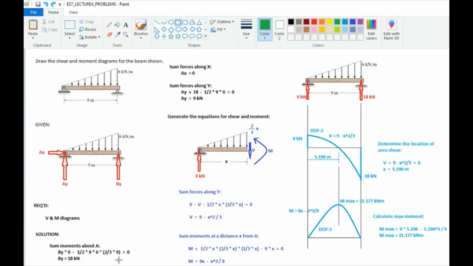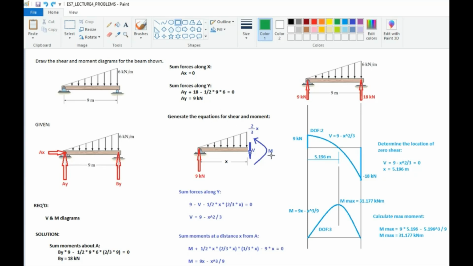Solving, we have BY to be 18 kilonewtons. And then, summing forces along X, you get AX to be 0. Summing forces along Y, you'll solve AY to be 9 kilonewtons.